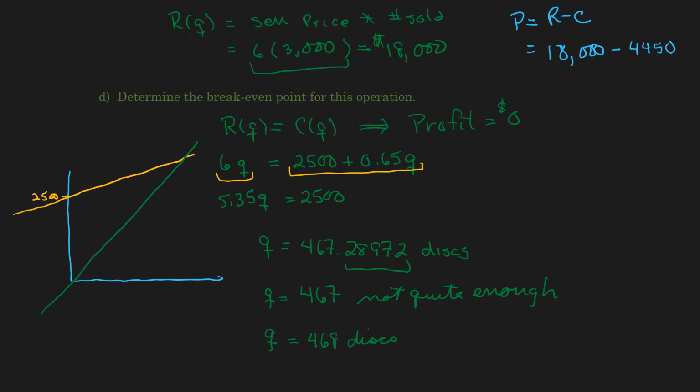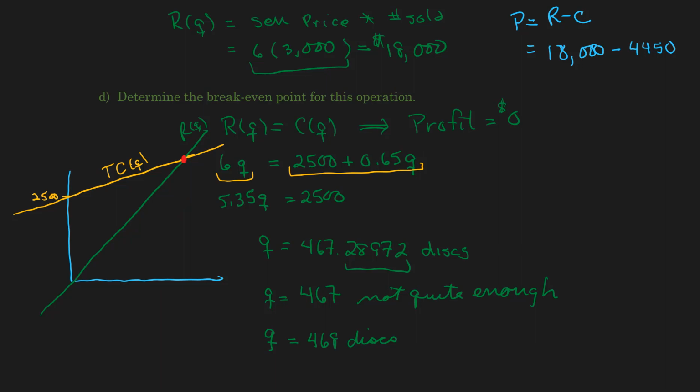I'm going to have a revenue equation. It's kind of like this. So let's say this is my R of Q, and this is my C of Q. The break-even point is right here where the two graphs intersect. Right there is the break-even point. Okay, that is where your cost is equal to your revenue.